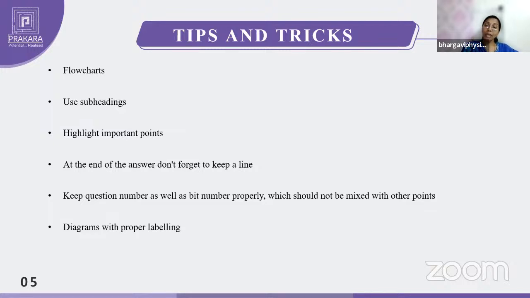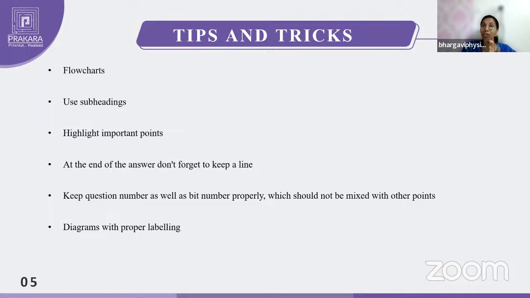Then don't forget to keep the question number. You have to keep the question number at the left margin, as well as above the answer, just above the point where you start your answer.